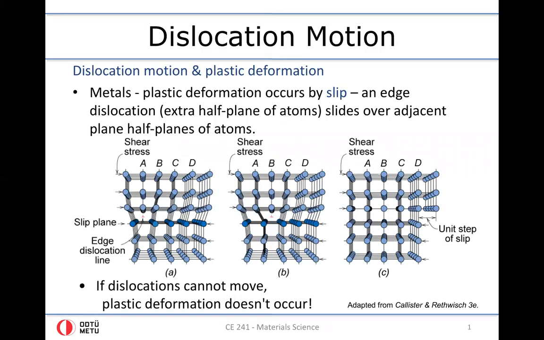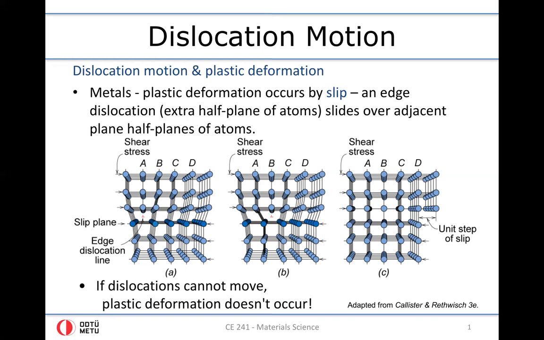So in chapter 4, you have seen structural imperfections, and especially one-dimensional imperfections called dislocations in metallic materials. And plasticity in metallic materials, that is the primary focus of this video lecture, is based on the motion of these dislocations, in other words, line defects.